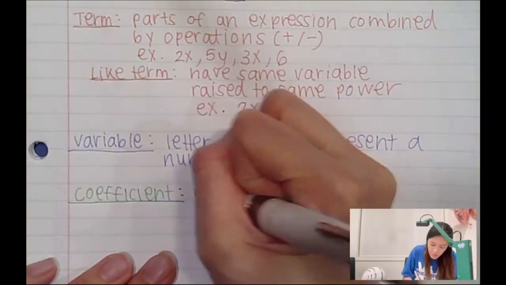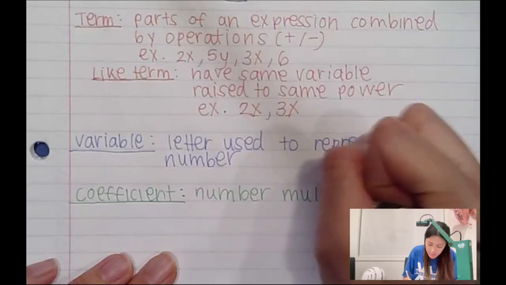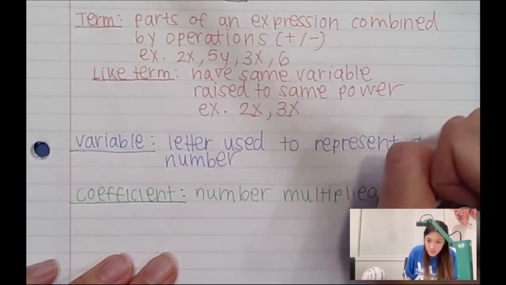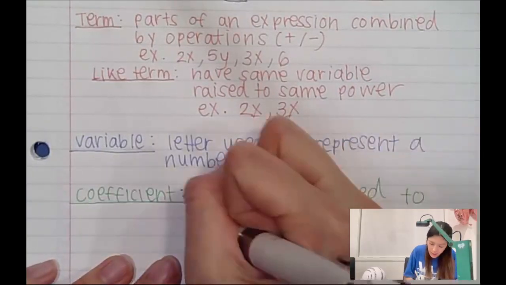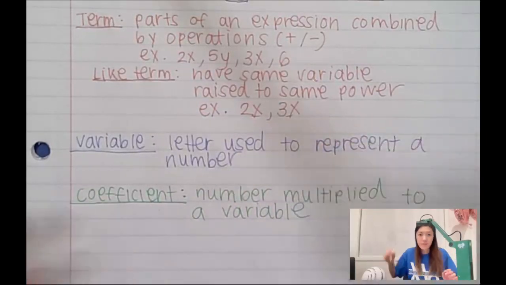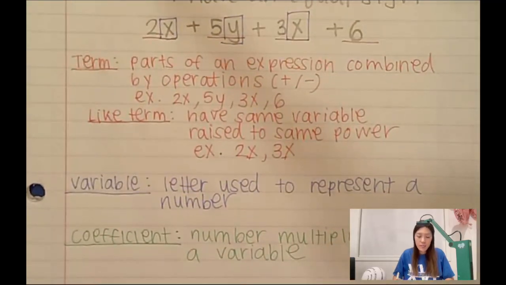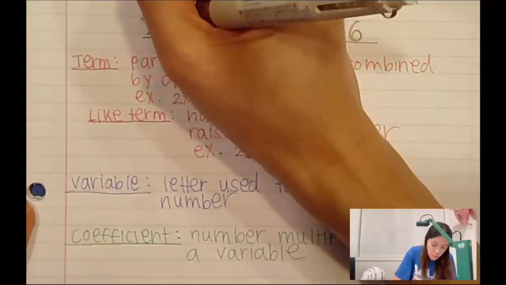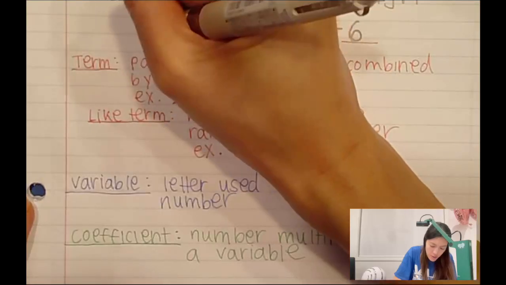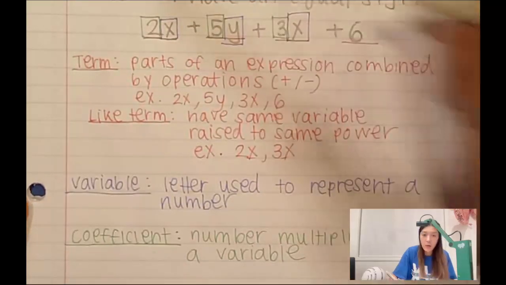Your coefficient is a number multiplied to a variable. So in our expression here, I will box in green my coefficients. 2, 5, and 3 are my coefficients.